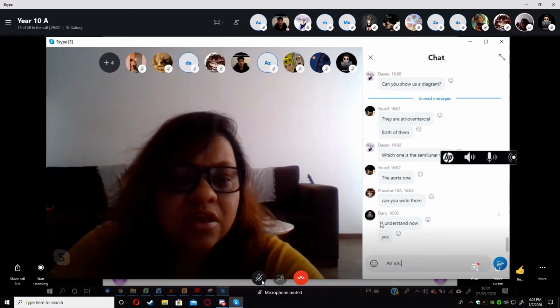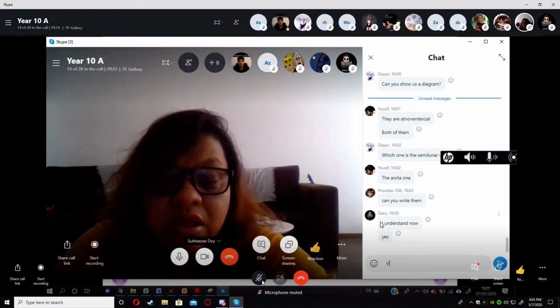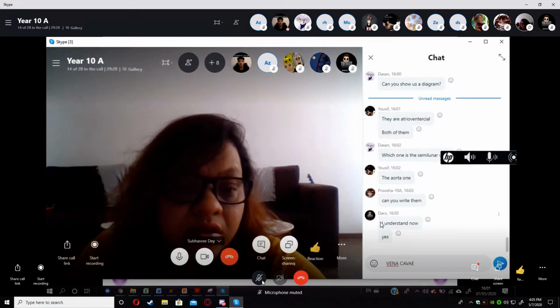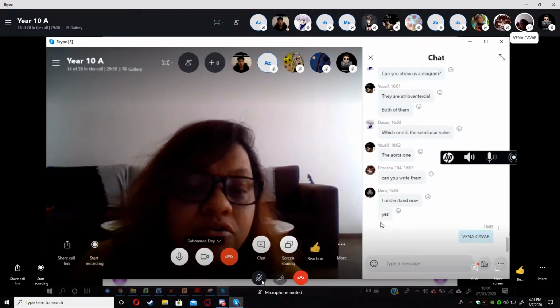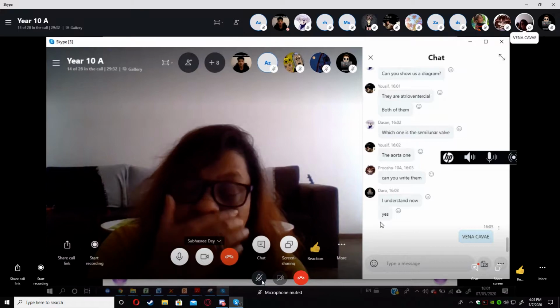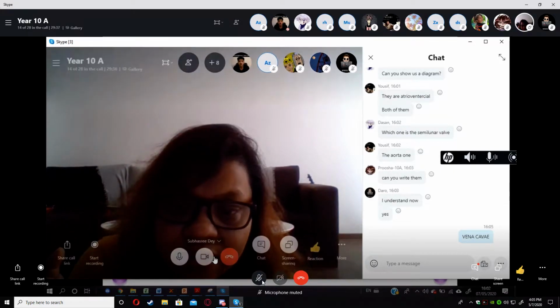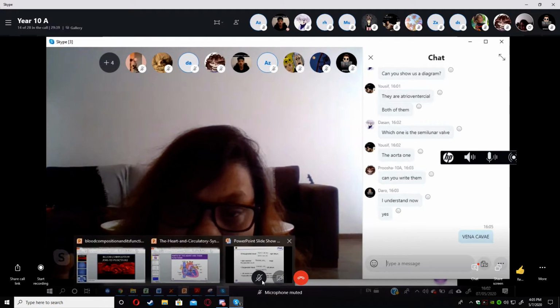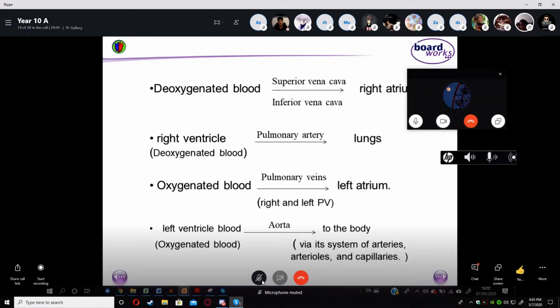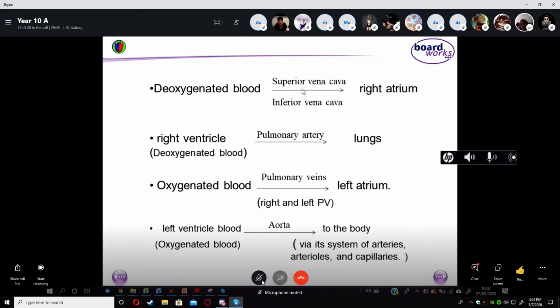You say vena cavae, that means two. So if you don't want to write superior and inferior vena cava, you can just write vena cava. This deoxygenated blood comes to the right atrium through the vena cava.